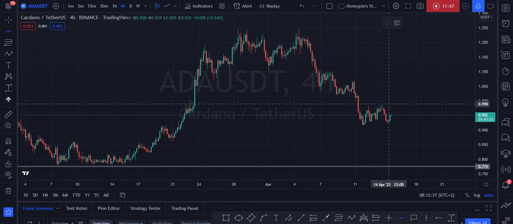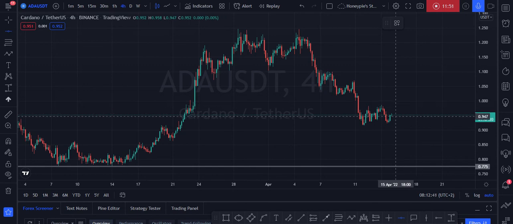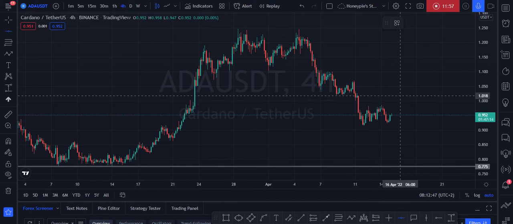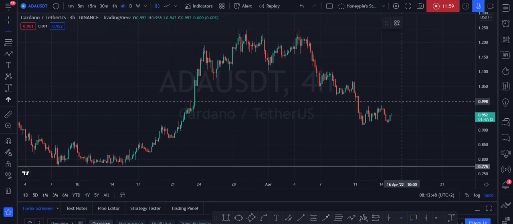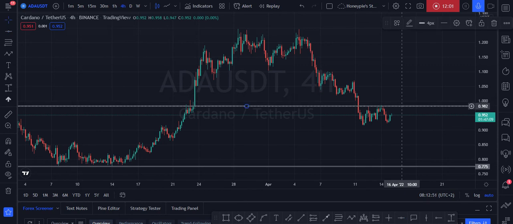Why is that being said? Because if a zone is above your current price, it means that when price gets there, it's going to find it difficult to break it. So there's something resisting it above at this point. Let's take this point for example. There's something that is going to be resisting price above here as it tries to find its way to move out.